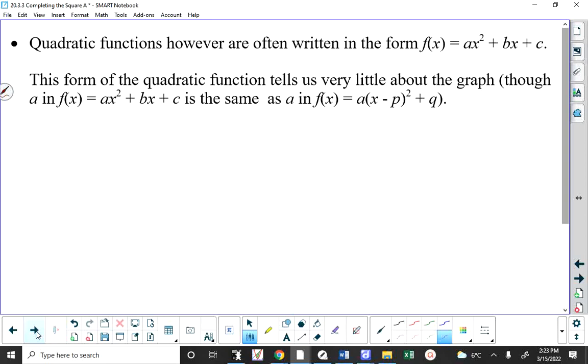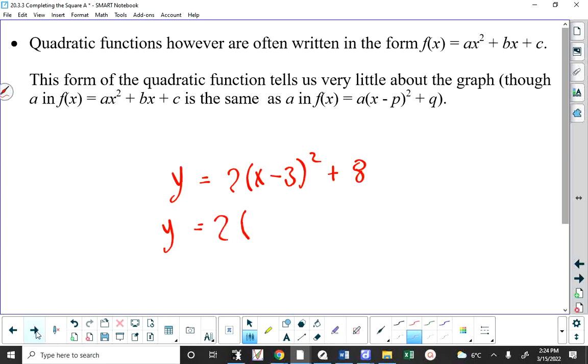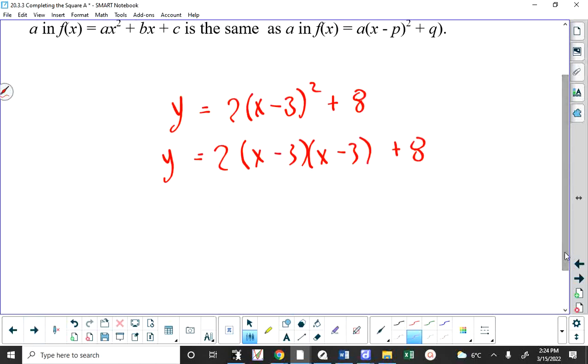That if you take a vertex form, and I'm going to do one really quickly, if I take a vertex form of y equals 2 times (x minus 3) squared plus 8, and I expand this out, this means I take 2 times (x minus 3) times (x minus 3) plus 8. What I'm reminding you of, first of all, is (x minus 3) quantity squared means (x minus 3) times (x minus 3). You need to FOIL it.